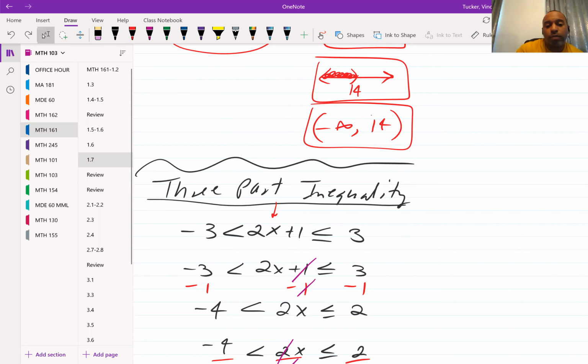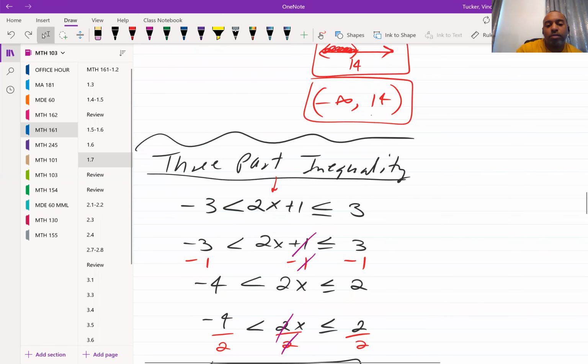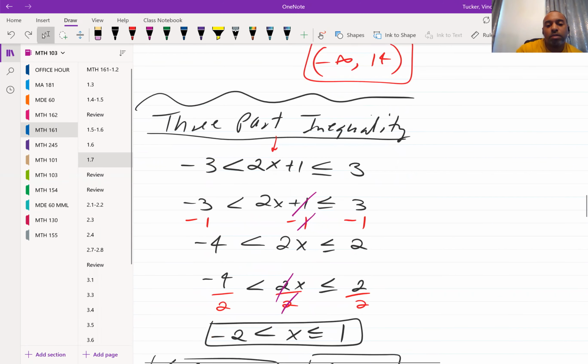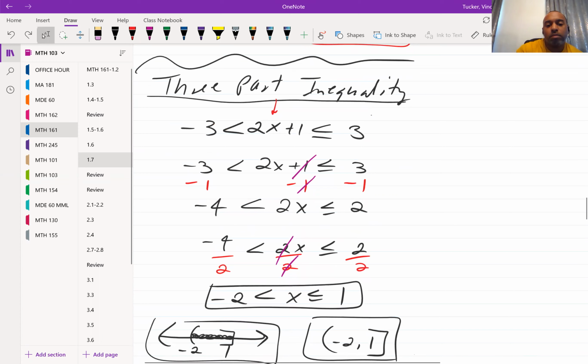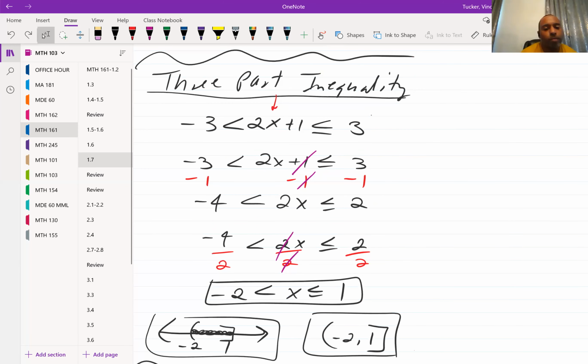Still trying to solve for x, divide by 2. And x is greater than -2, but less than or equal to 1. So we'll do a bracket over 1, parentheses over that -2, and shade in the middle. Then interval notation holds to the same relationship: -2, 1, with a bracket over 1 and parentheses on -2.